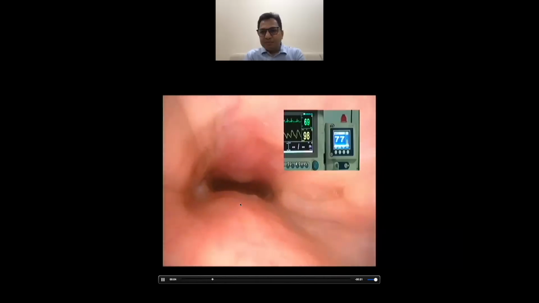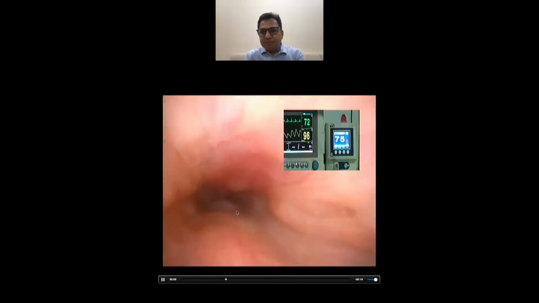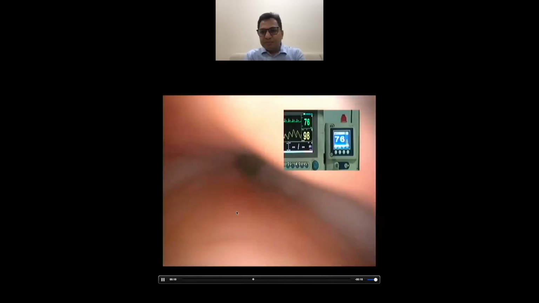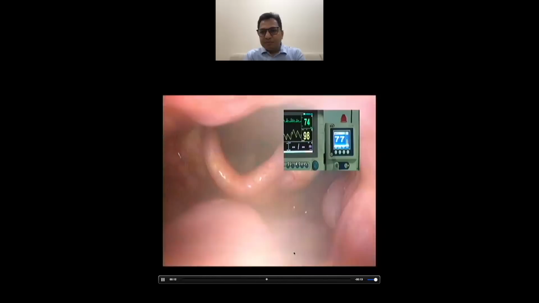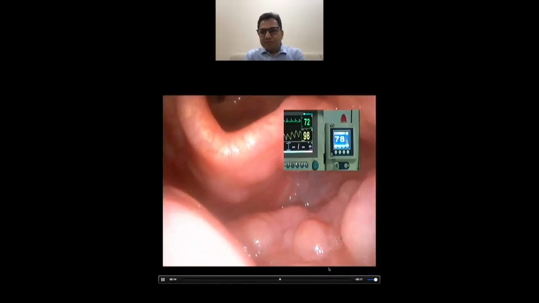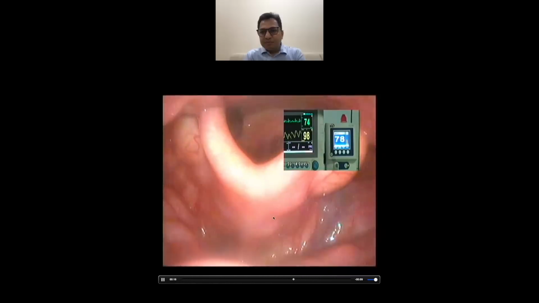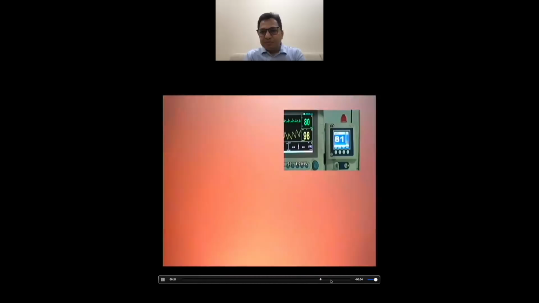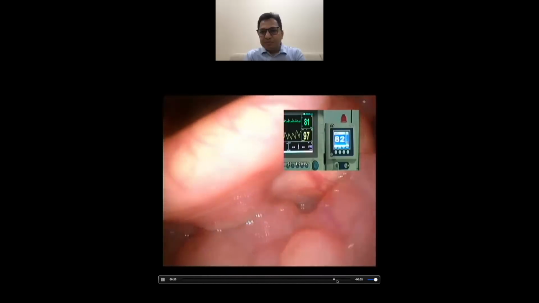You can see here only the lower part is collapsing. Now, what I want to show you here is that this is the uvula, and I'll pull this last part back so that you can understand.